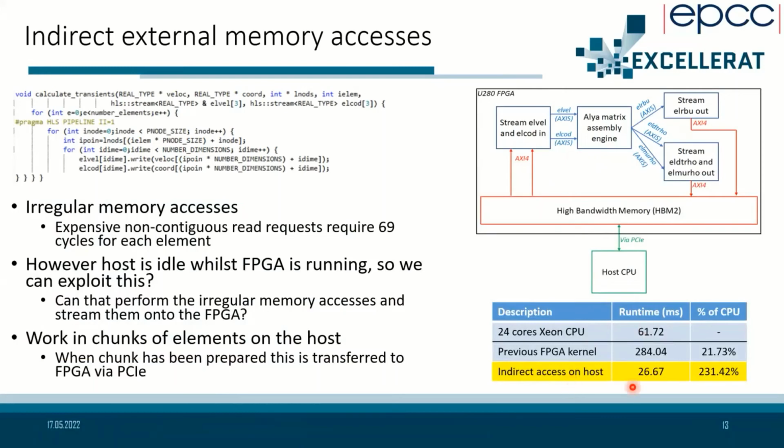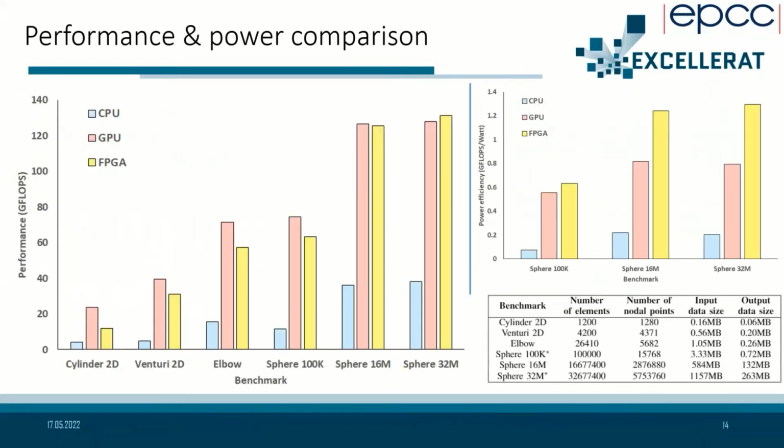But when we did this, we had significant performance improvement compared with the CPU, again just for one single kernel here. And then with this again, we scaled up the number of kernels. We could fit on 3 matrix assembly kernels for Alia onto the FPGA.